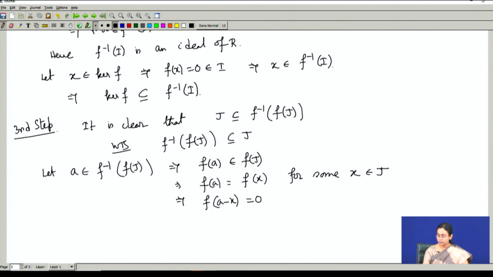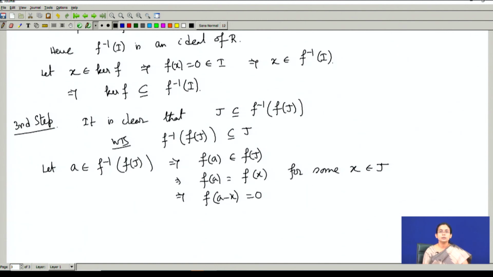This is by the property of the ring homomorphism. So, this implies that a minus x belongs to the kernel of f.